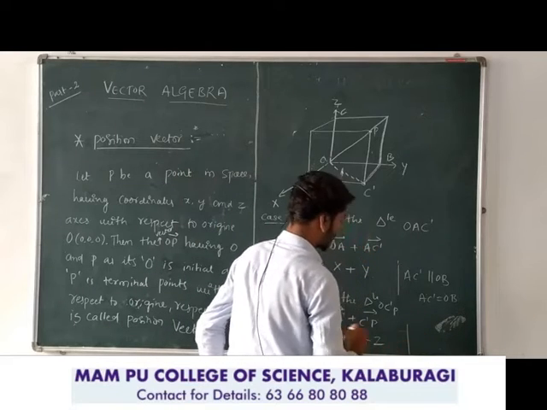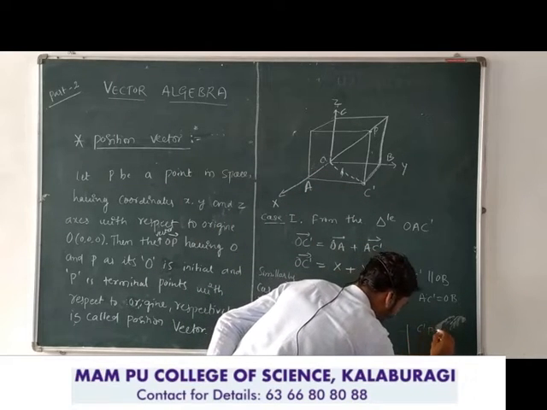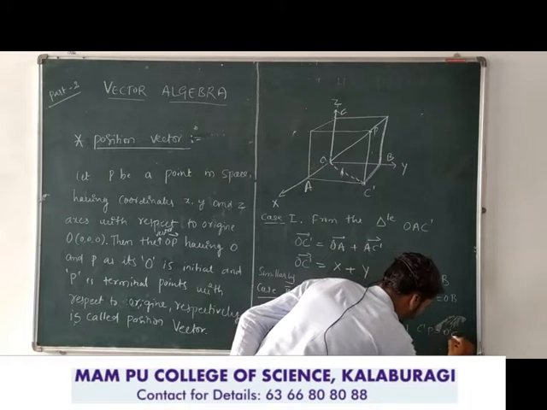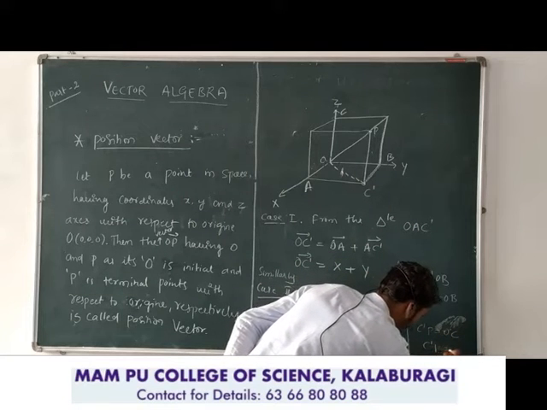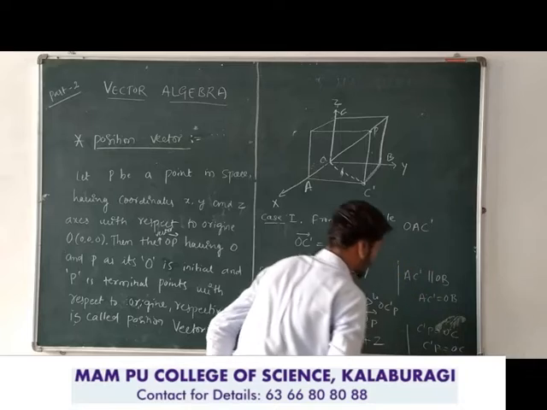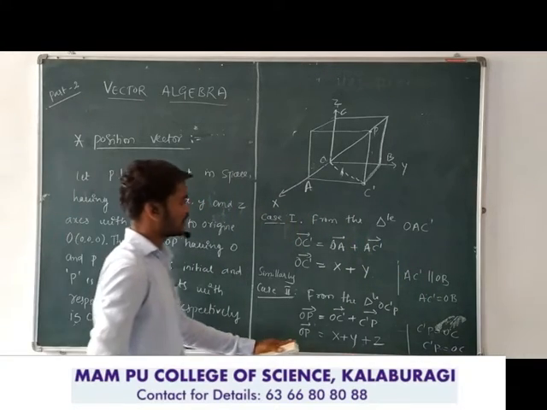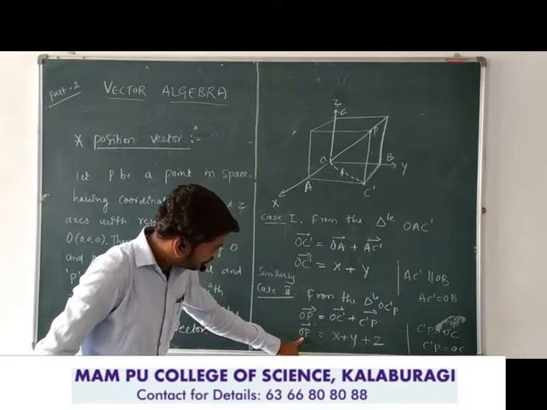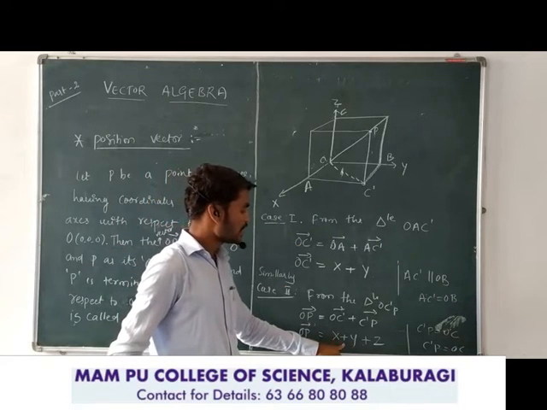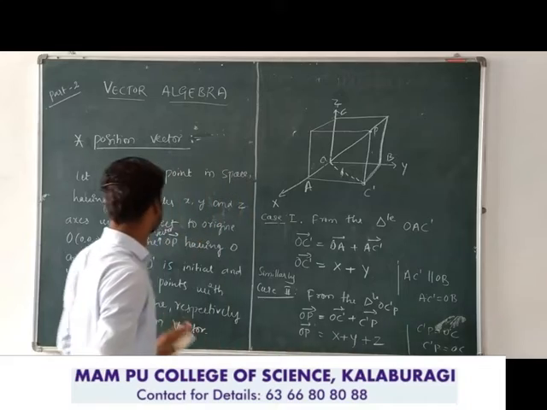C dash P is equal to OC. So finally we get the OP vector is equal to x plus y plus z.